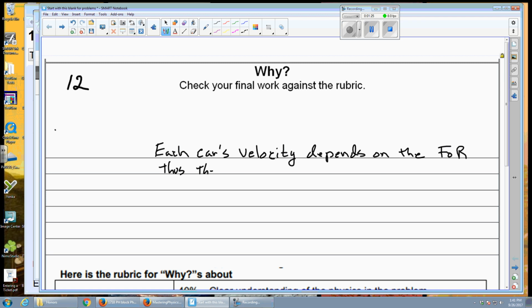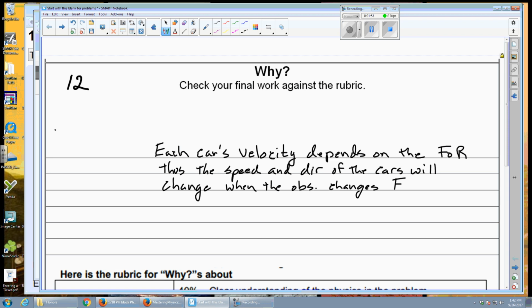Thus, the speed and direction of the cars will change when the observer changes frame of reference.